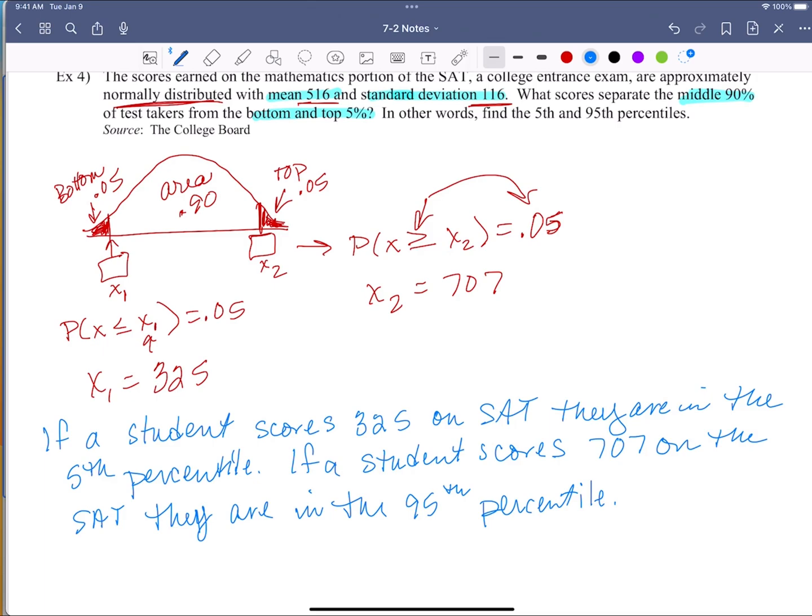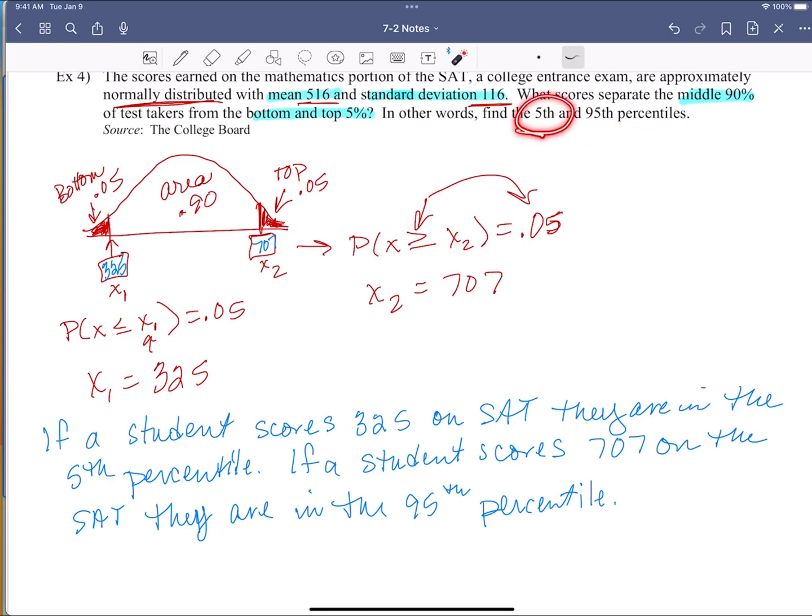Because remember, here's the deal. If I'm looking back through here, so this is my 707, and then this is still 325. A percentile is what it is and lower, regardless of the amount that we're looking. So this is still top 5%, but that makes it a 95th percentile. Because anytime I use the word percentile, I'm always talking to the left. So instead of saying the top 5%, which you can do, but that's the 95th percentile.